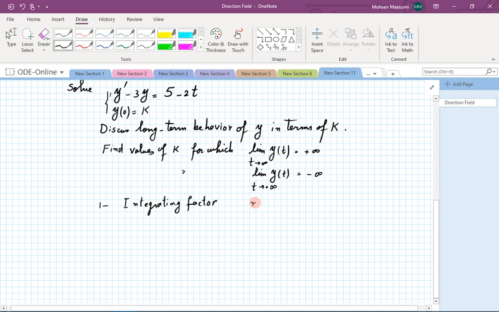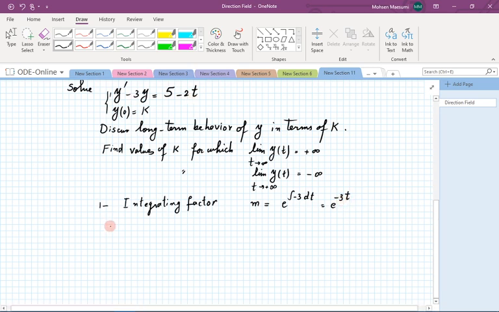Our integrating factor, mu, is exponential of the integral of the function that's multiplying y, which is exponential of the integral of minus 3 dt, which is obviously e to the minus 3t. In this case, carrying a constant around with you doesn't do any particular benefit to us, so we pick e to the minus 3t.